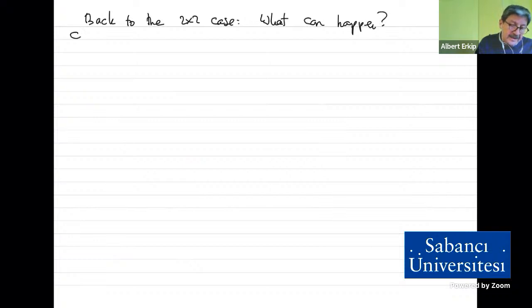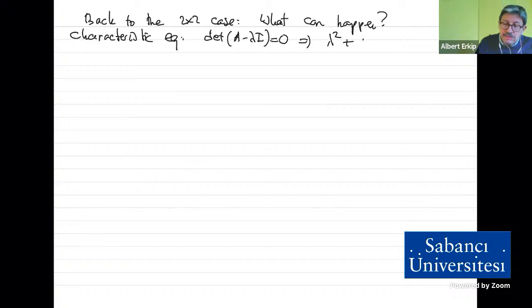Well, the characteristic equation, determinant of A minus lambda I equals 0, is something like lambda squared plus alpha lambda plus beta equals 0.